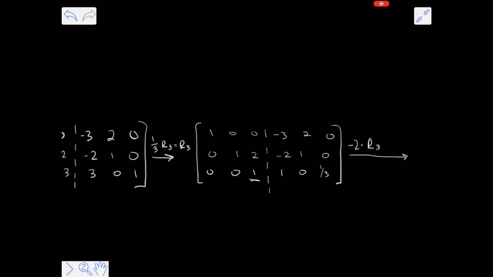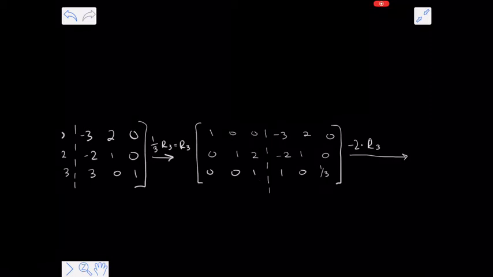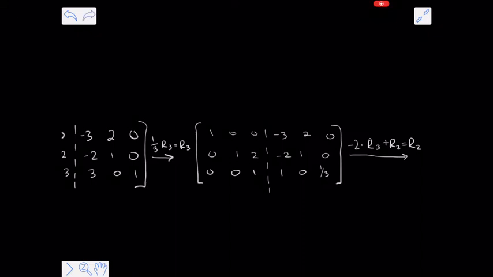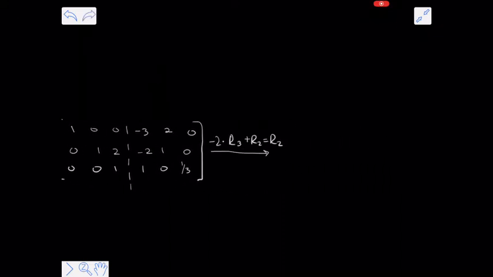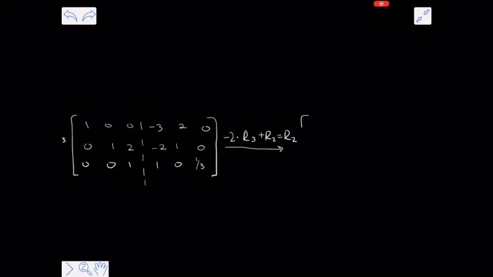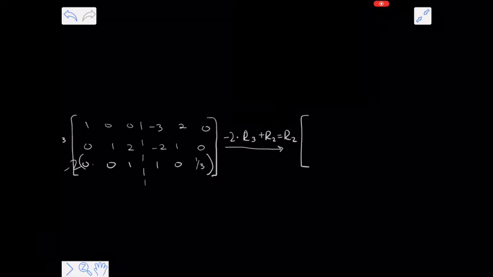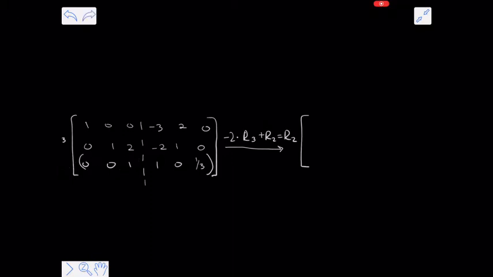In particular, that is the one I'm focusing on. And then if I add it to row 2 and make a new row 2, that'll put a 0 right there. So to keep track, all the entries in row 3 are going to be multiplied by -2, and then you're going to add them to the entries in row 2, and that's going to make new entries in row 2.